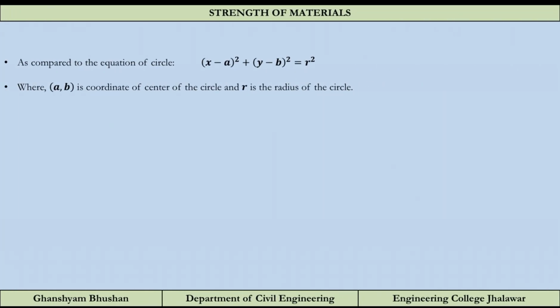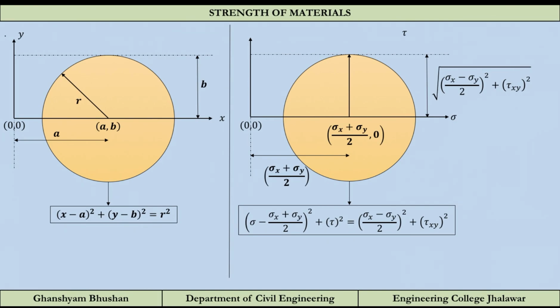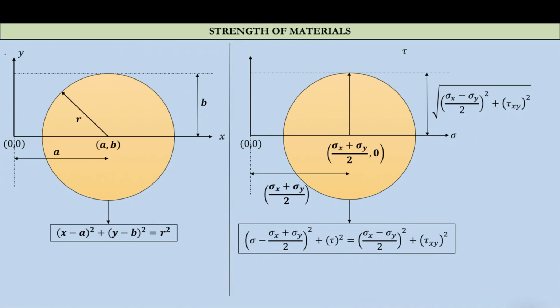Now we have compared and seen the center and the radius of the circle. So here you can see the Mohr circle as compared to the normal circle. This is the circle corresponding to (x minus a) squared plus (y minus b) squared equals radius squared. So this is the center a comma b, this is our radius. The x coordinate is a and the y coordinate is b for this particular circle.